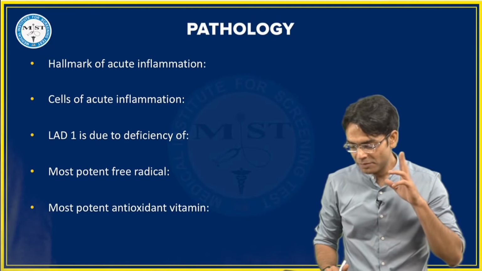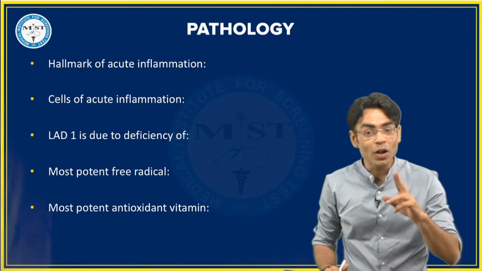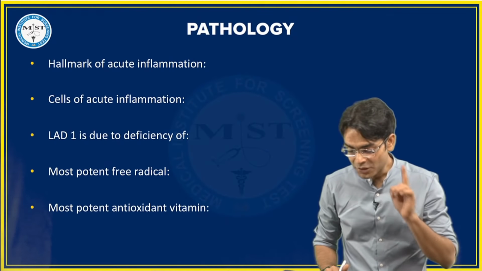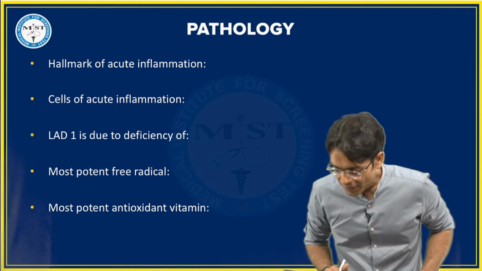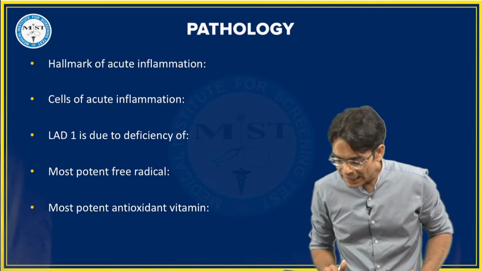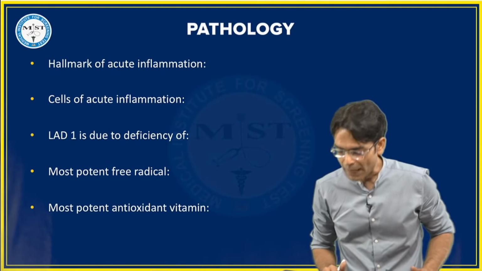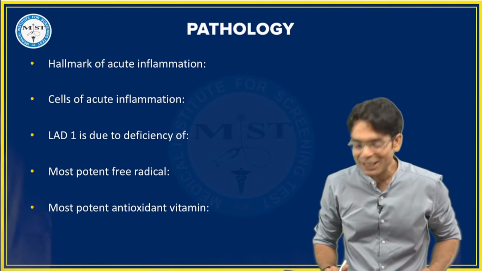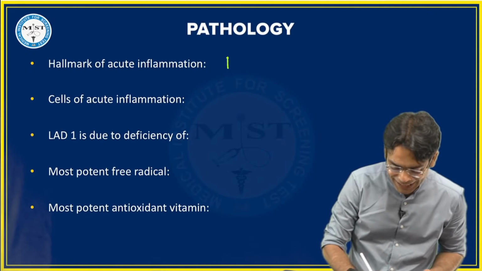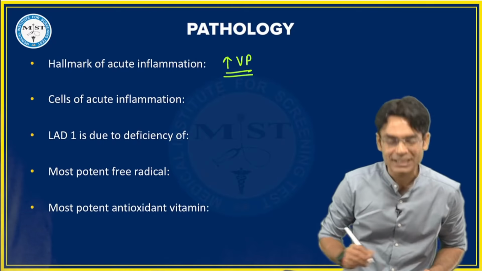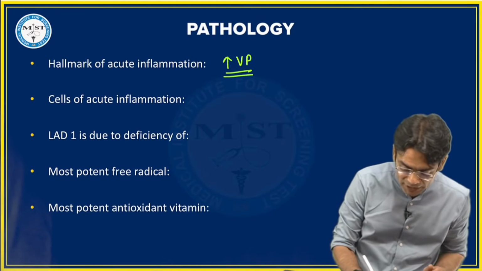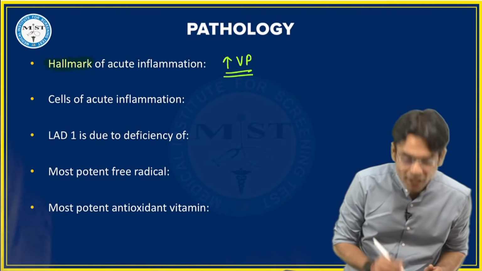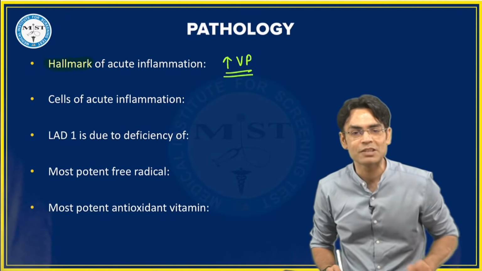Dhaval, it is not the hallmark. Fazal, you are right. Absolutely. It is increased vascular permeability. The hallmark was asked. What has been asked? The hallmark of acute inflammation. That's going to be increased vascular permeability.